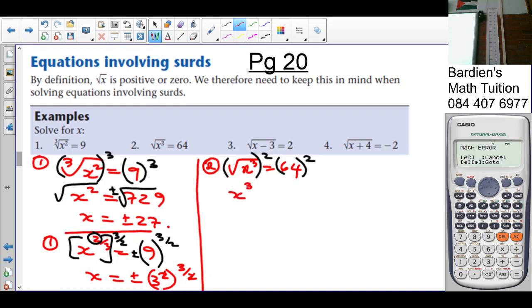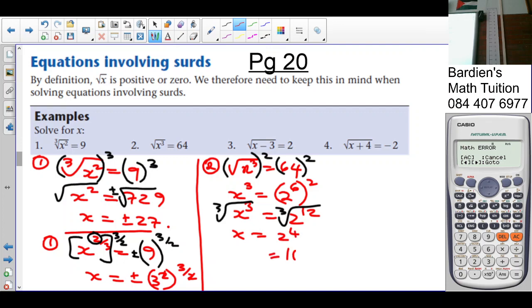So x cubed is equal to 2 to the 6 raised to the power 2, which is also equal to 2 to the 12. Now how do we get x on its own? We take the cube root of both sides. So x is equal to 2 to the 12 divided by 3, which is 2 to the 4, and 2 to the 4 is 16.